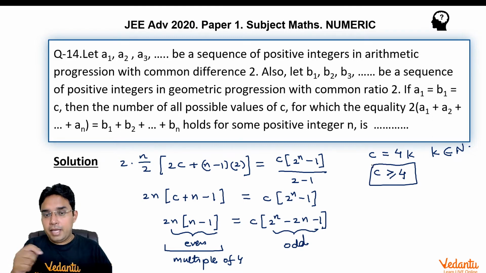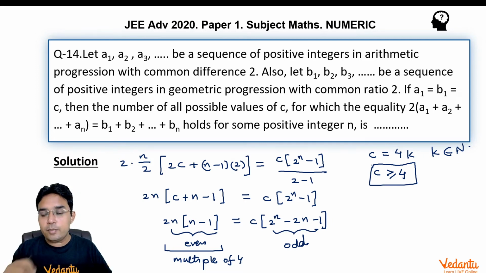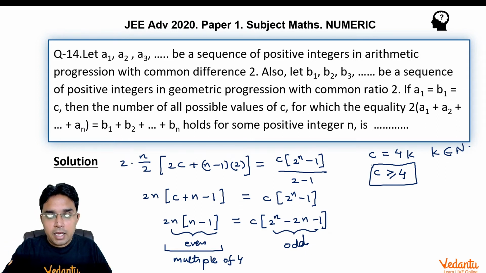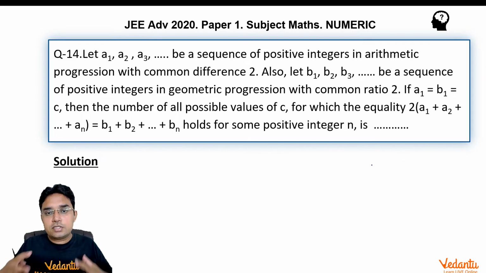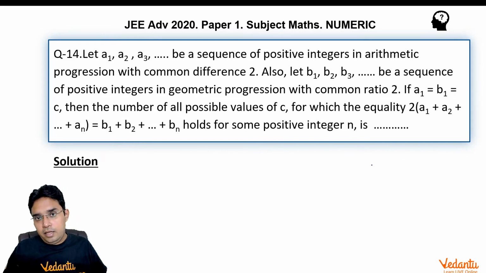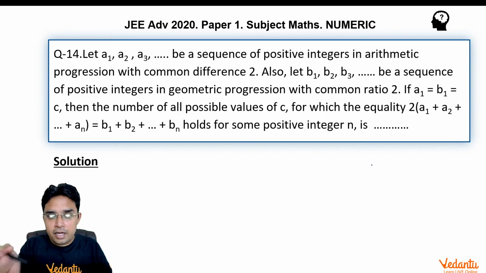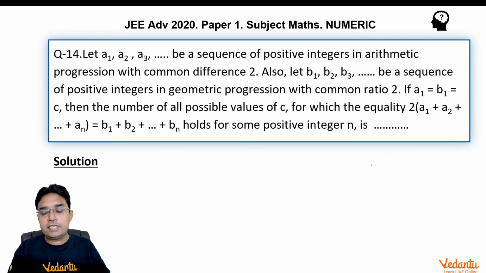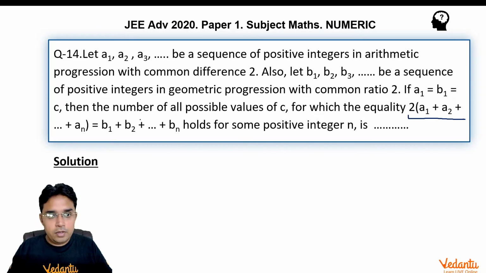Now next I will try to see what values of n are possible to make the sums on both sides equal. Let us see how we can at least reduce some values of n, so as to know which n will satisfy, so that the left hand side becomes equal to the right hand side. Here you can notice that your left hand side is the sum of an AP with common difference 2.